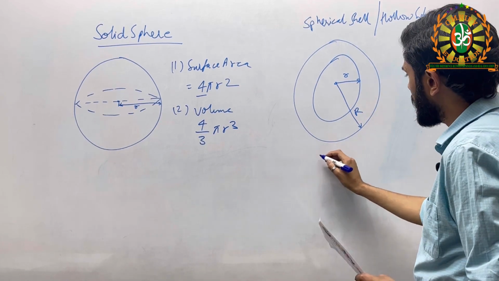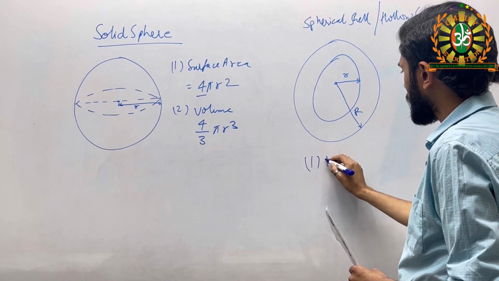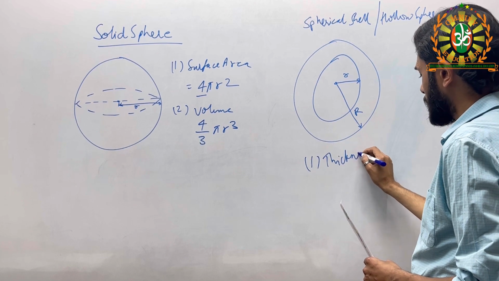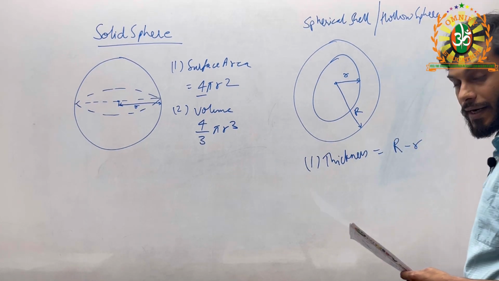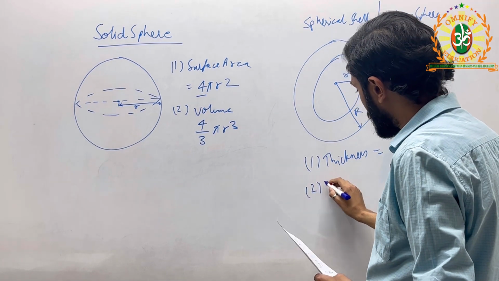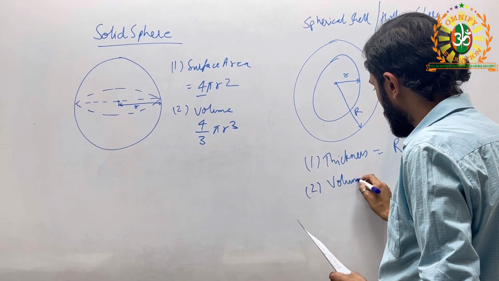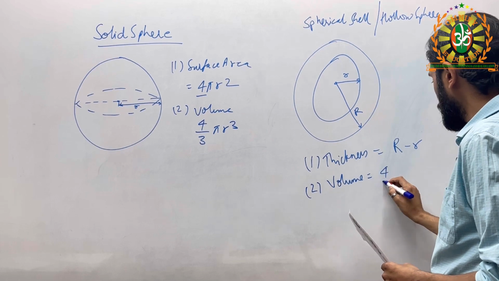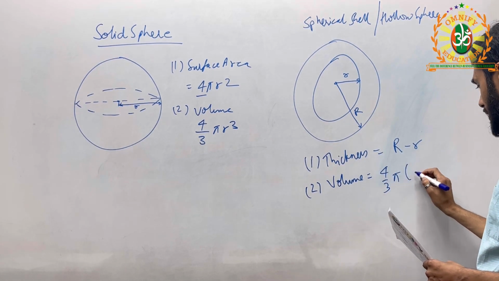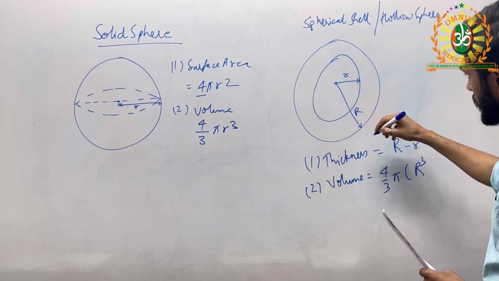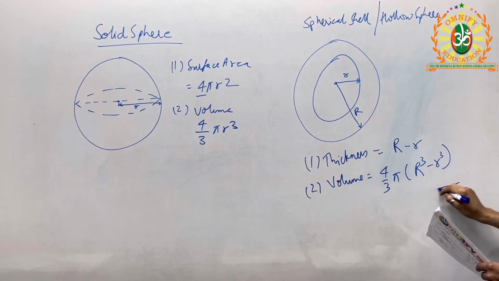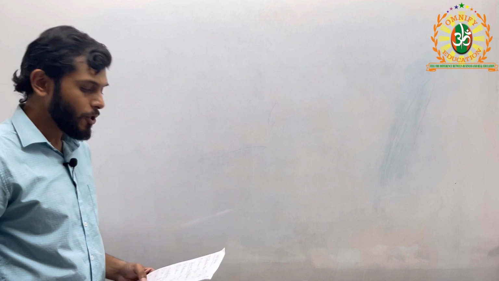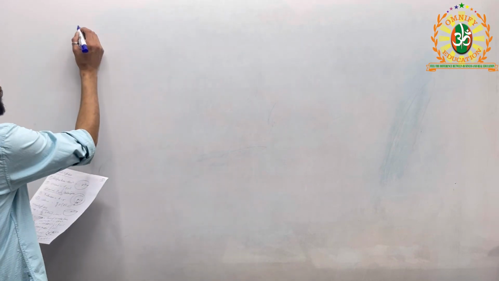The thickness is given by capital R minus small r, and the volume is given by 4 by 3 pi (R cube, the radius of the outer sphere, minus r cube, the radius of the inner sphere). Now coming to the next shape, which is a hemisphere.